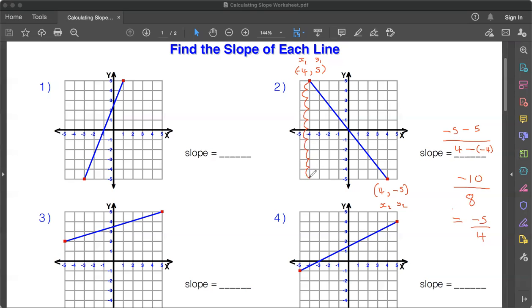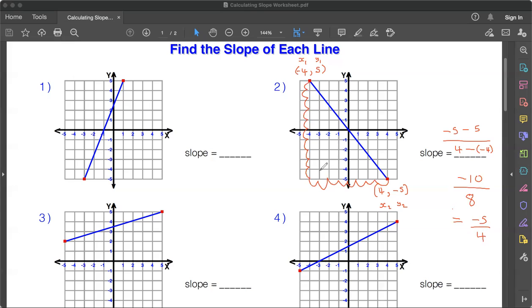And across 8. 1, 2, 3, 4, 5, 6, 7, 8. See, it matches back from one point to the next. All right, good. It's just weird seeing the rate like that.